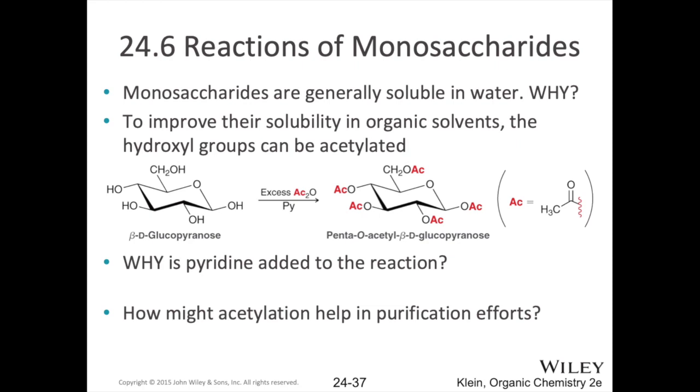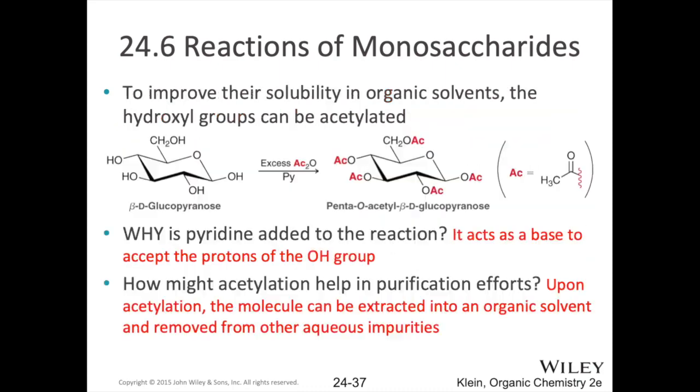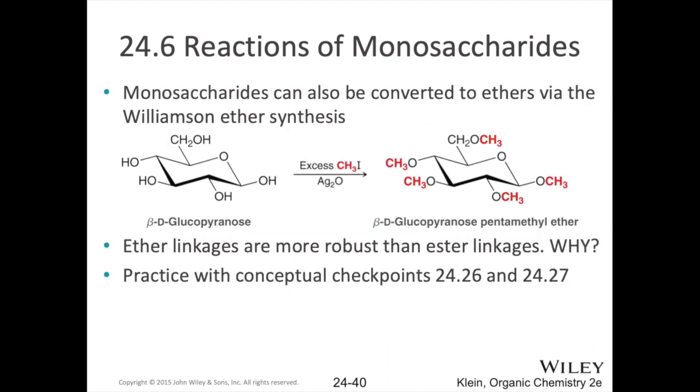One way to do that is to take acetic anhydride and pyridine, and that will replace your alcohol groups with acetate groups. The pyridine is used to soak up the extra protons there. Another functional group we can convert our alcohols into is ethers.